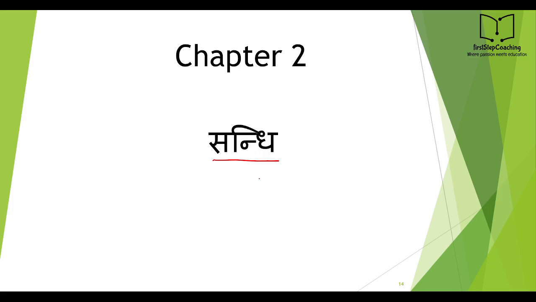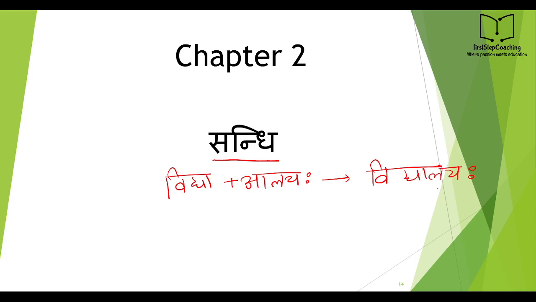So, the literal meaning of Sandhi is combination. And this change which is occurring, this can occur in the first word also, or it can occur in the second word also. Let's take an example. Suppose you have a word Vidya and you have a word Alya, and when you join it becomes Vidyalaya.